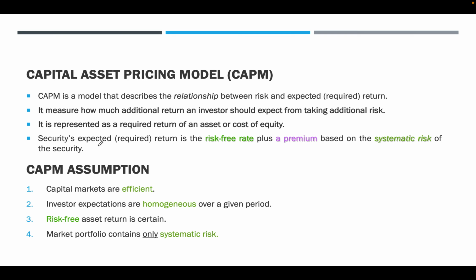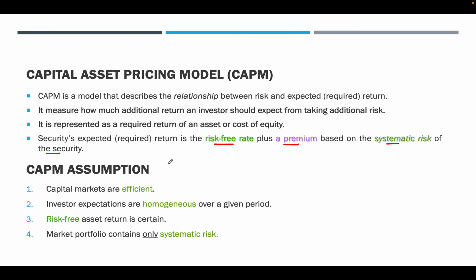A security's expected return or required return is the risk-free rate plus a premium based on the systematic risk of the security, because we learned earlier that unsystematic risk can be eliminated by diversification.